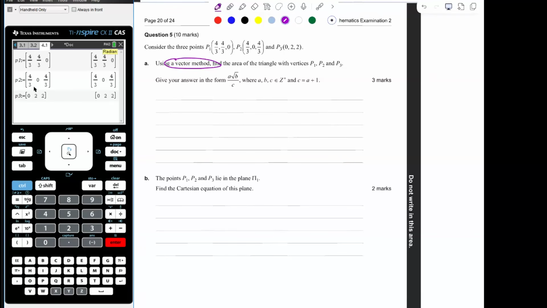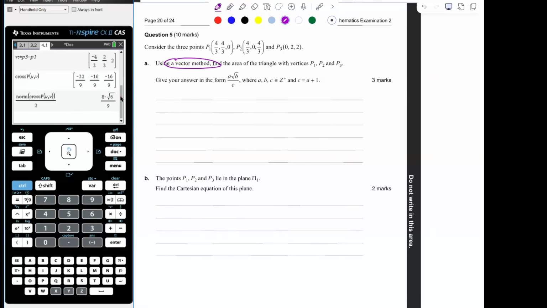Now I want to find the two spanning vectors, rather than taking the cross product between just the position vectors. For example, I will say U is assigned to P2 minus P1, and then V is P3 minus P1. Or you could do P2 minus P3, it doesn't really matter. Then to find the area of a triangle, we find the cross product of U and V, and take the magnitude of the cross product divided by 2.